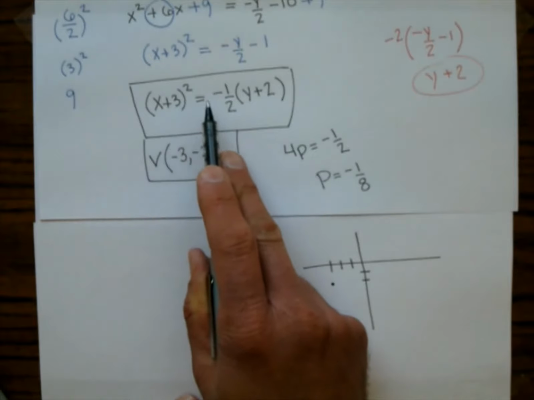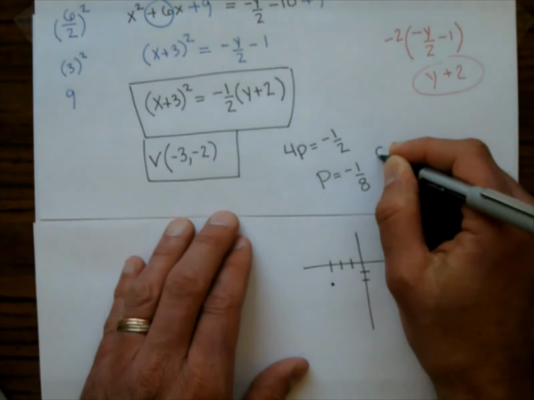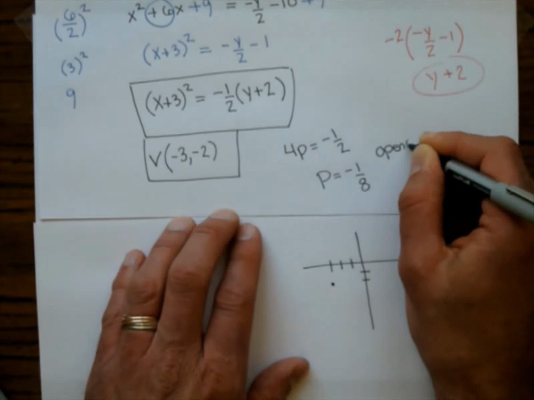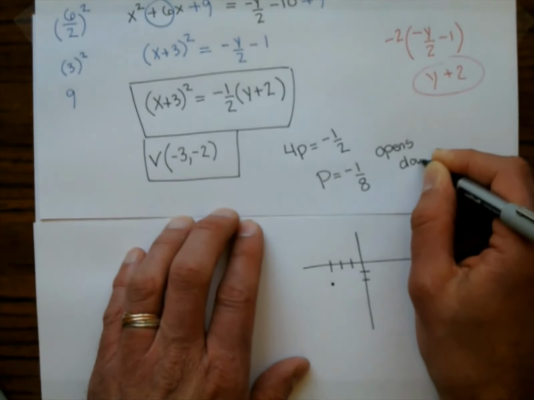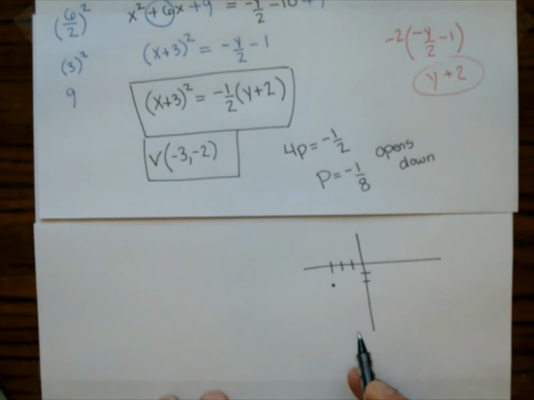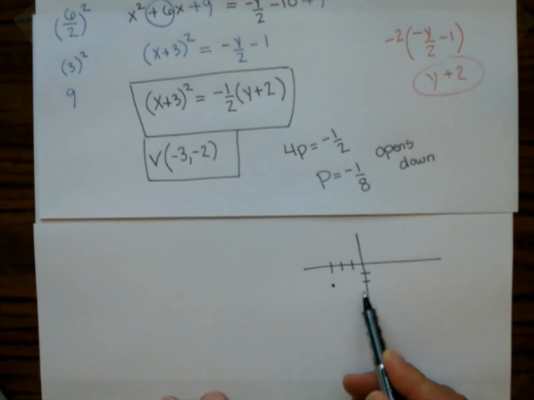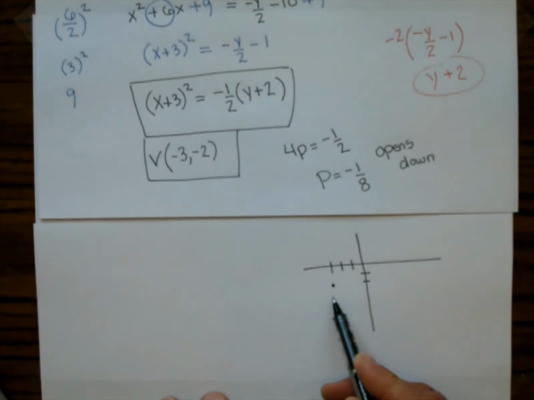It's an x squared and there's a negative, so it opens down. And because it's opening down, the focus is going to be right there.